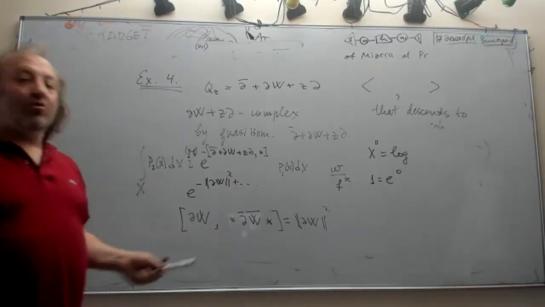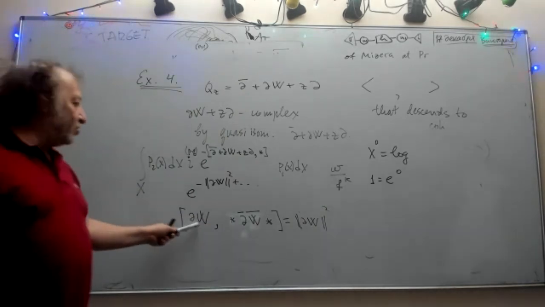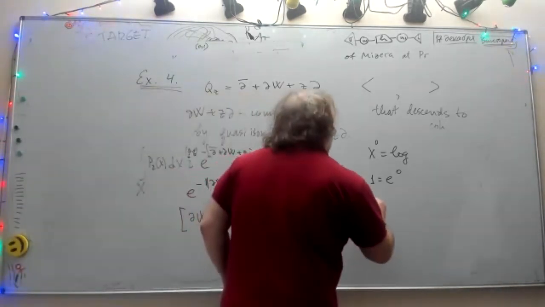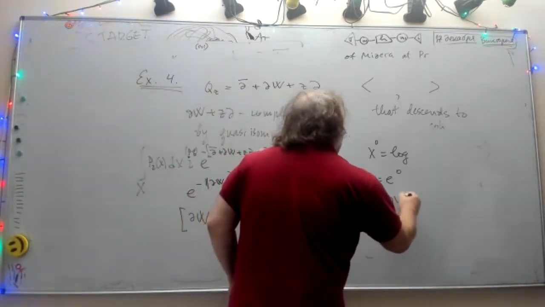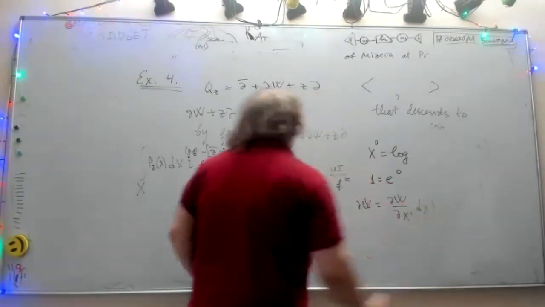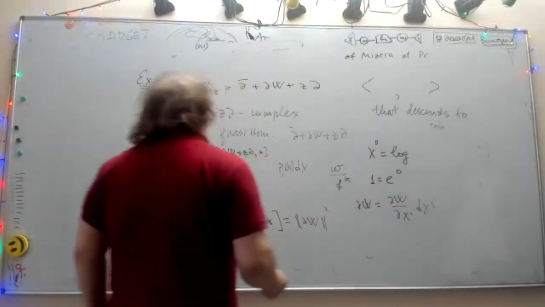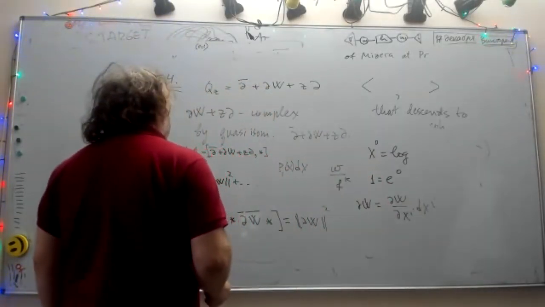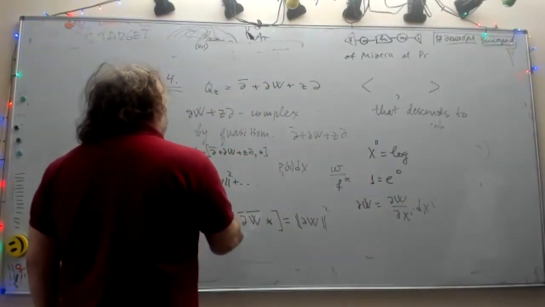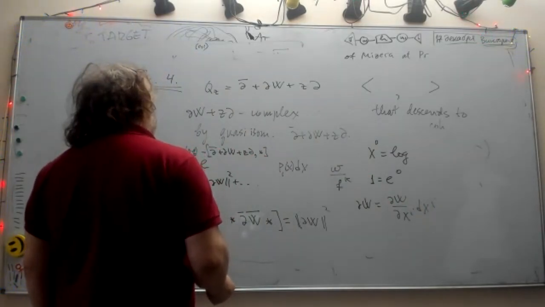Let us see how it works. So dw is actually dw over dxi, dxi. So now let us see. So here is a star, and I also want complex conjugation somewhere.